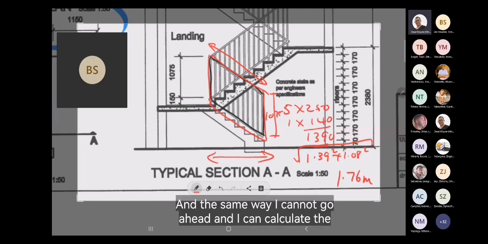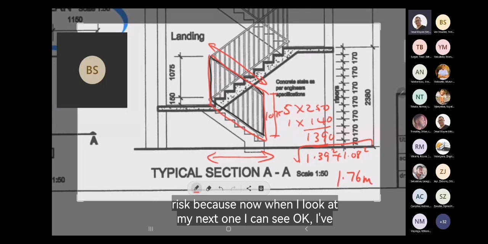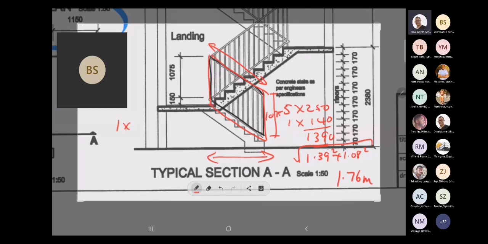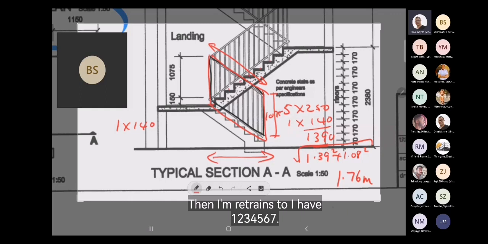And in the same way, I can now go ahead and calculate the rest. Because now when I look at my next one, I can see, okay, I've got the 140. So that's 1 times 140. Then how many treads do I have? 1, 2, 3, 4, 5, 6, 7. 7 treads.